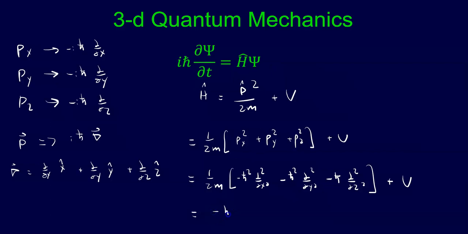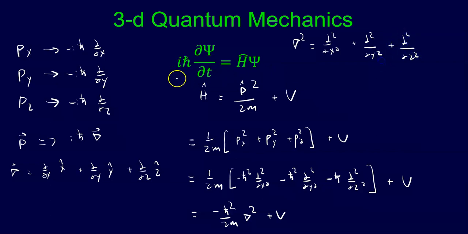And so, writing this all out, we get negative h bar squared over 2m del squared plus V. This del squared is the Laplacian, and this just works out to be these three partial derivatives added up like such. And so that's how we can write our time-dependent Schrodinger equation in three dimensions.